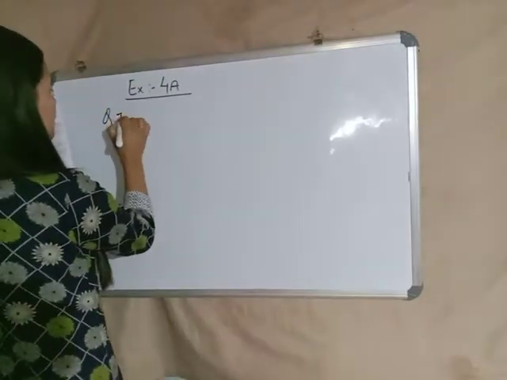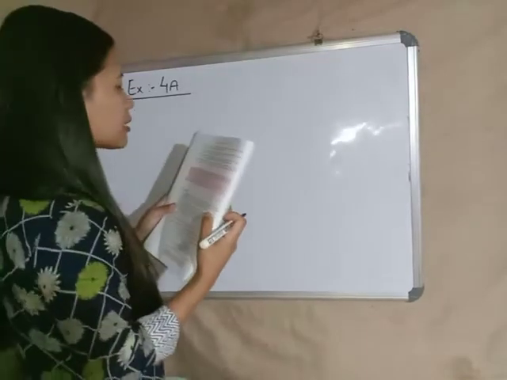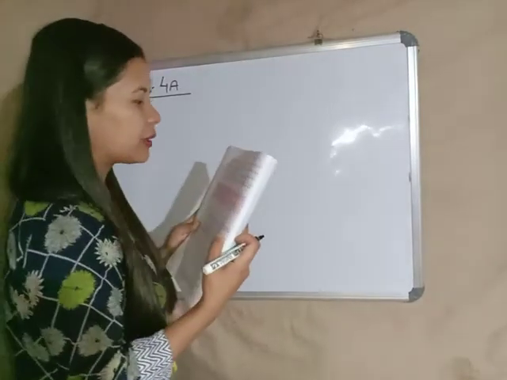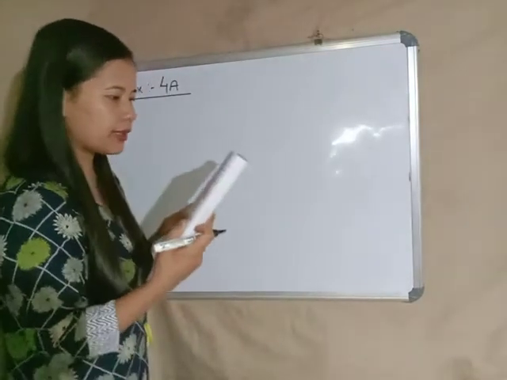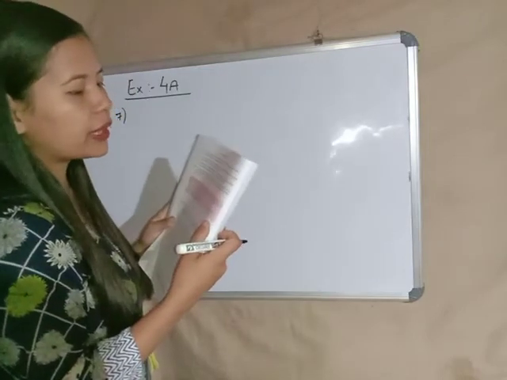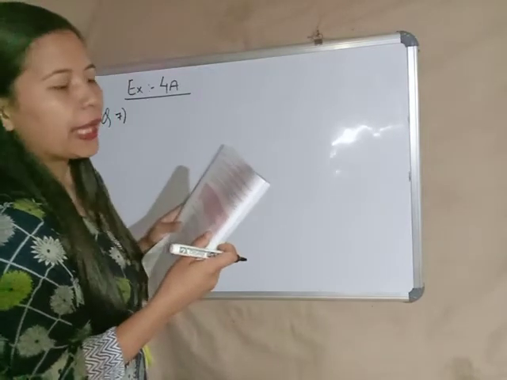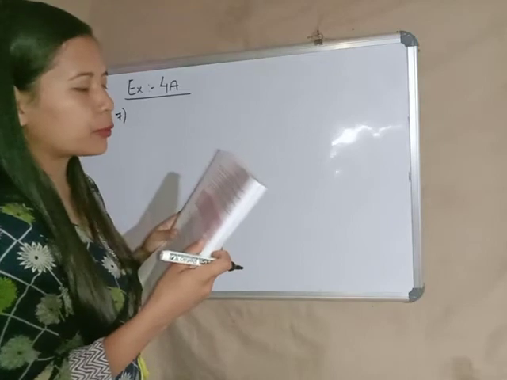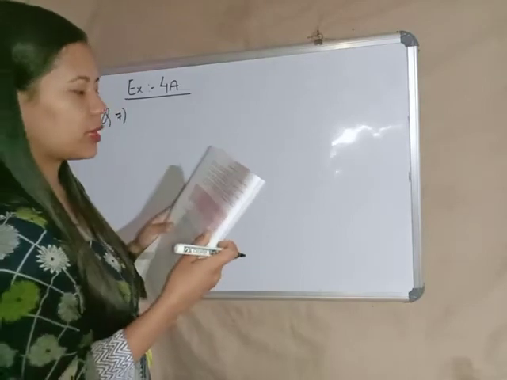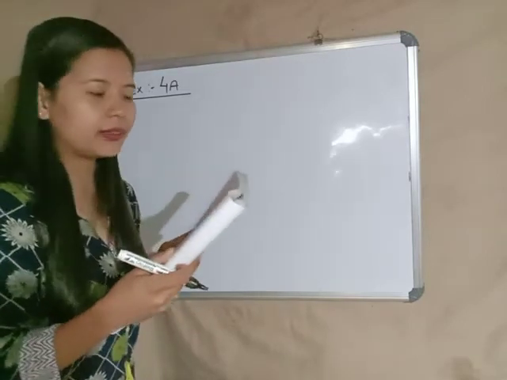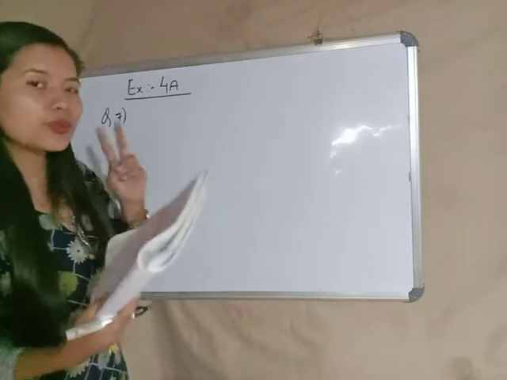So it's question number 7. It says Rajan sold a cycle at a loss of rupees 300. If he had sold it at rupees 3000, he would have made a profit of rupees 600. At what price did he sell the cycle? There are two things given.